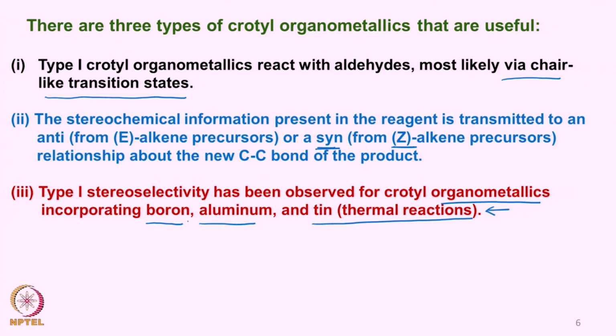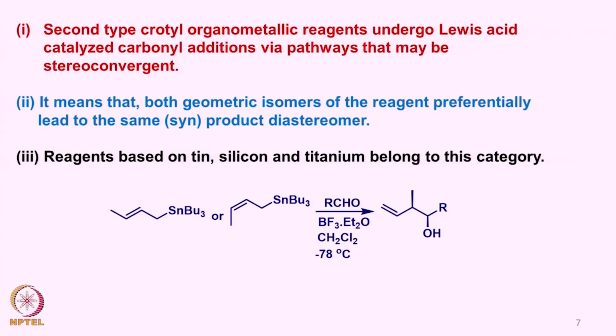So, the boron and aluminum actually lead to a kind of chelation in an intramolecular fashion, and that leads to the formation of the product, and the products are based on which kind of allyl crotyl tin molecule one is taking.